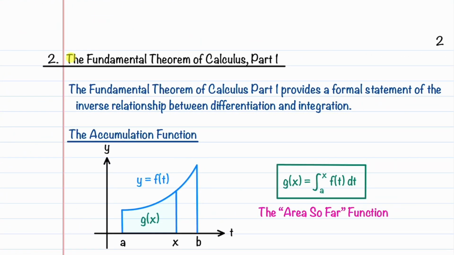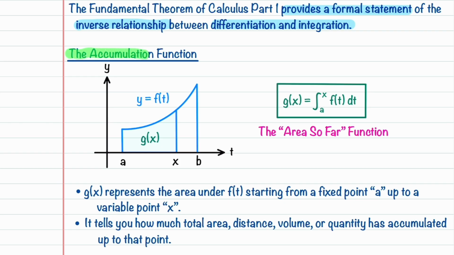We're now going to learn about the fundamental theorem of calculus, part 1. This theorem provides a formal statement of the inverse relationship between differentiation and integration. It's one of the most beautiful ideas in calculus and tells us how accumulation and rate of change are connected.